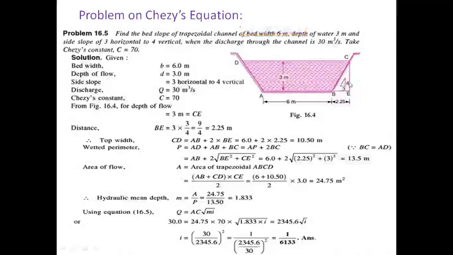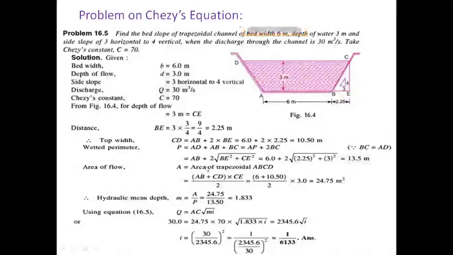Substituting the values, AB is given as 6 meters, so it is 6 plus 2 into root of 2.25 squared plus 3 squared, where CE is given as 3 meters. Finally the wetted perimeter value is 13.5 meters.